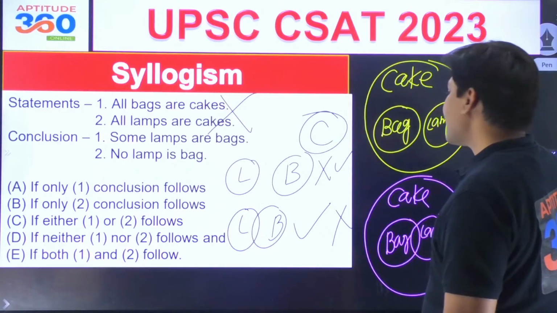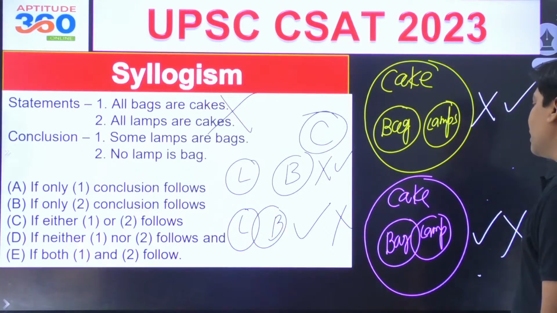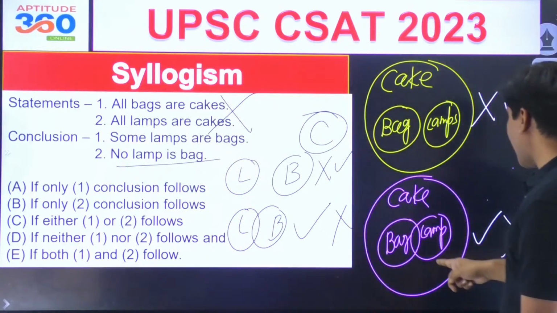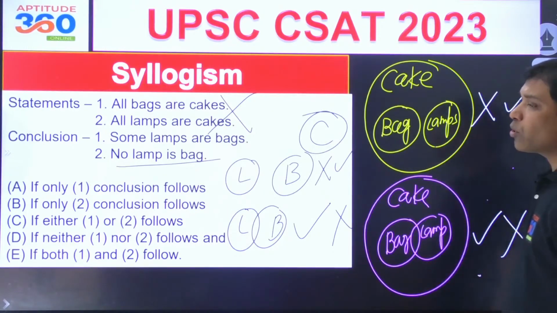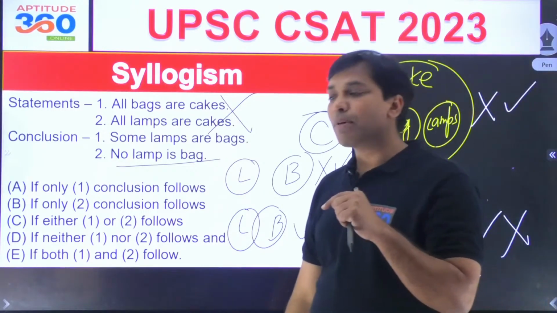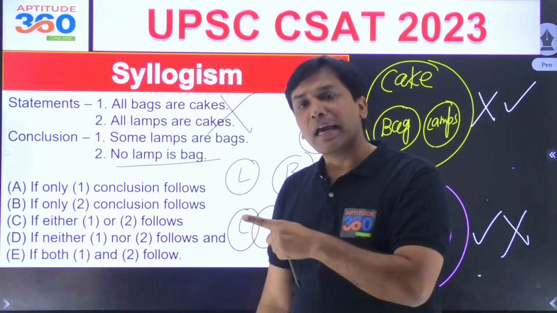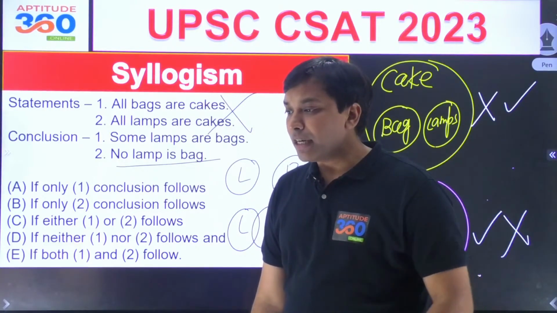Suhani Sharma says the second one has to be no lamp is bag. Suhani, no lamp is bag यहाँ पे सही है, बट यहाँ पे तो गलत है ना. लैम्प और बैग, जिनकी दो चीजों के बारे में आप जानते नहीं हो, वो दोनों ओवरलैप्ड हो भी सकते हैं और ओवरलैप नहीं भी हो सकते हैं.